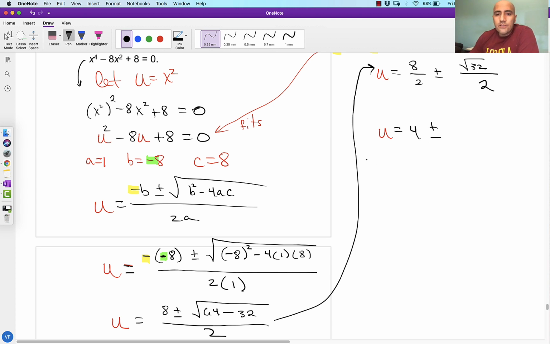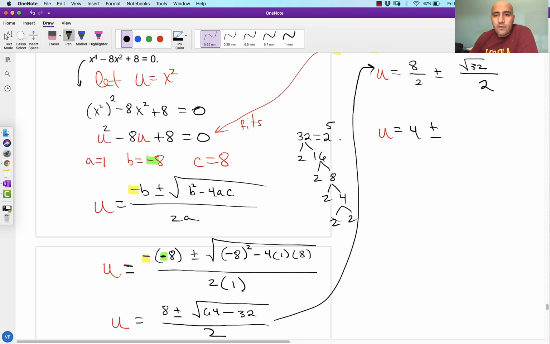Now the 32, stick it right in here, 32 is really equal to 2 times 16, and it's equal to 2 times 8, and it's equal to 2 times 4, and it's equal to 2 times 2. So 32 is really equal to 2 to the power of 5. So there's an invisible little 2 here. We can pull them out in groups of 2, and so we can pull out several of these, right?